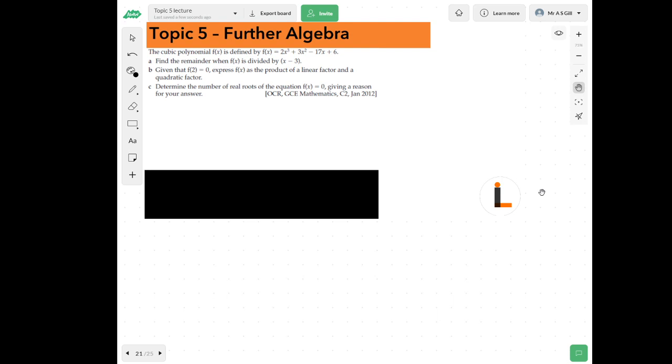So I'll give you about 2 minutes to have a go through that top one, and then I'll start writing up the solution for that, and then I'll reveal the bottom one after that as well.